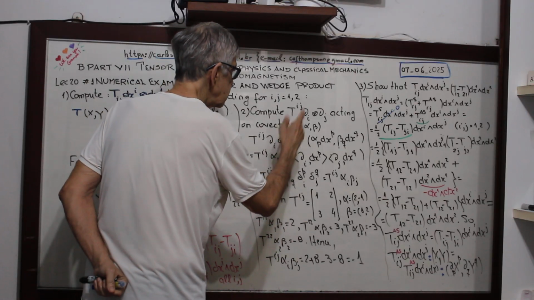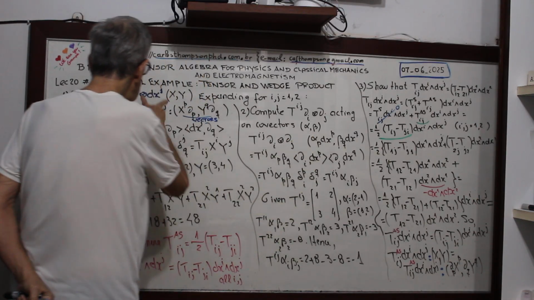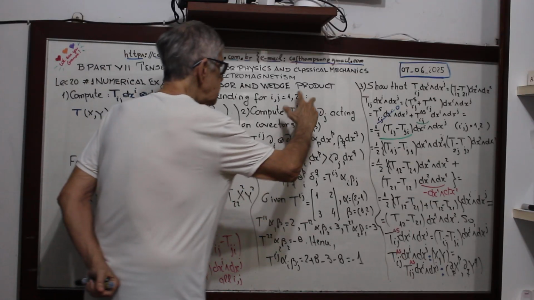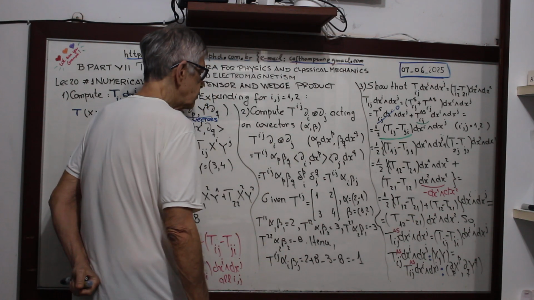So this is now acting on the covectors alpha and beta. This over here acts on alpha, beta, the covectors.